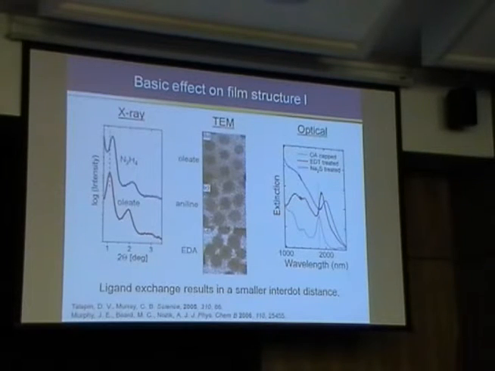So this is an example where perhaps we have not only increased the coupling and increased the dielectric constant of the material, but we've also increased the size distribution of the material. And so if you increase the size distribution, you expect a broadening in the first exciton peak. But the bottom line is that ligand exchange we can, by many different methods, correlate to a smaller interdot spacing.